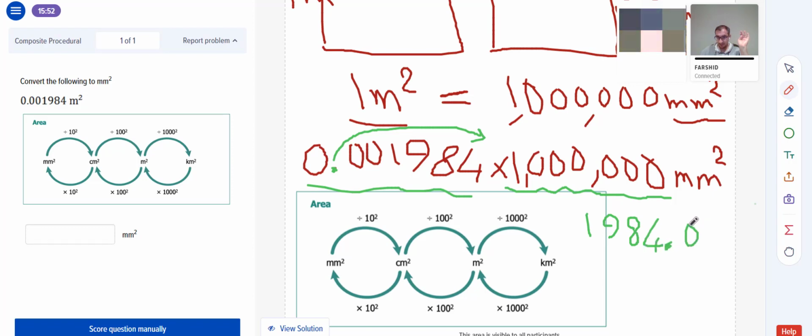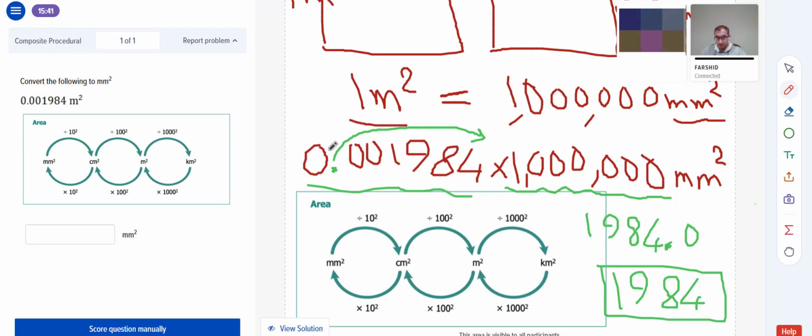It doesn't make sense. So you say 1984. That's the answer. Because the decimal point moves to the right, 1 million. So it comes here. See? 1, 2, 3, 4, 5, 6. 6 units move to the right.